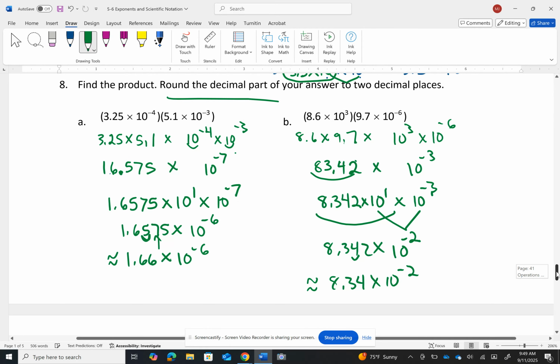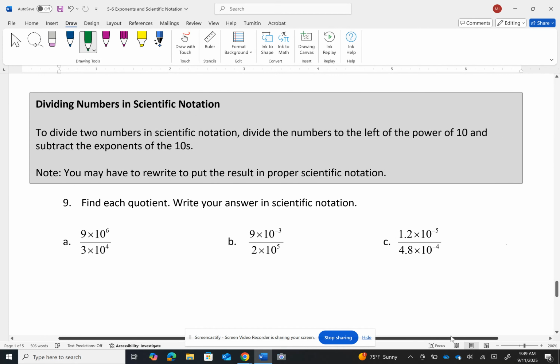All right, now dividing is kind of fun as well. To divide two numbers that are in scientific notation, what it's telling you is that you can divide the numbers to the left of the power of 10, and then you can use the rule dealing with having a quotient.